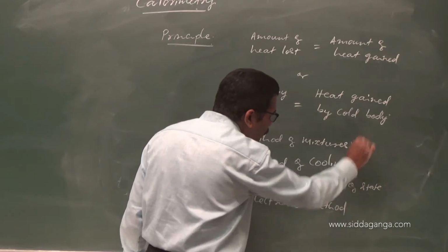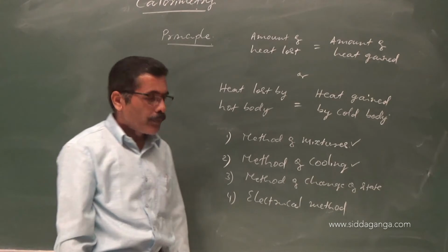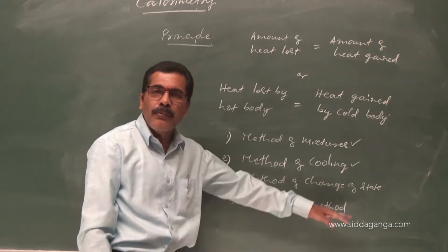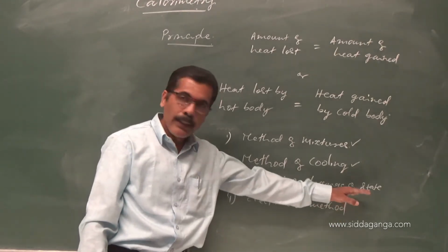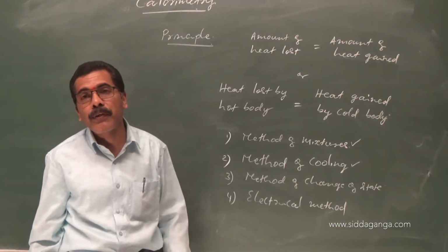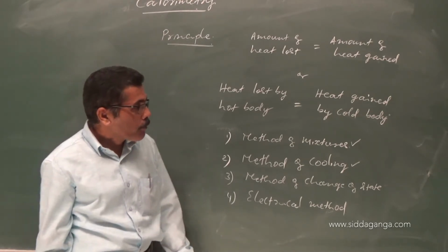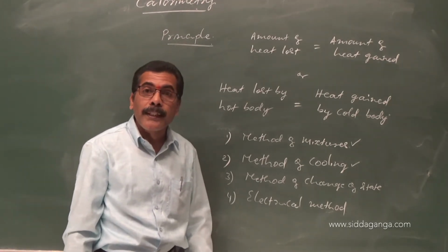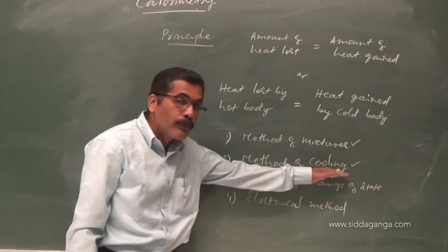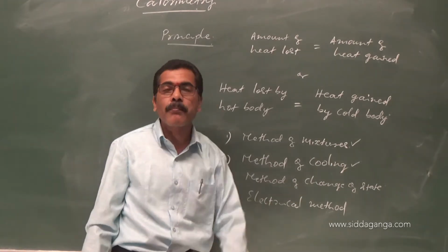So we will come across only this; these two are not there. You will consider this in certain problems, but this is not included in your syllabus. Only in second year you will understand certain basic things. Alright: method of mixtures, method of cooling, method of change of state, and also electrical.